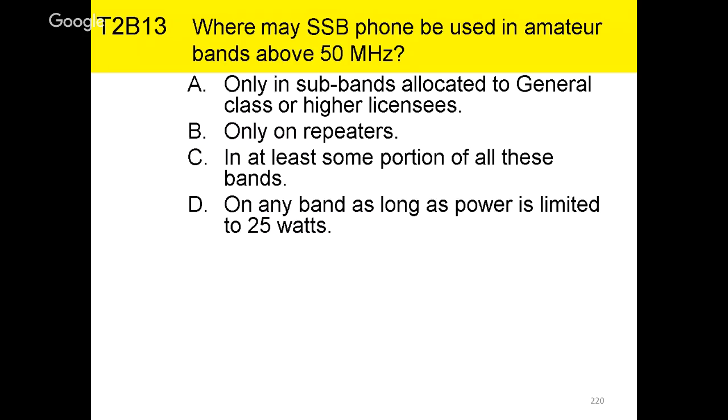Where may single sideband phone be used in amateur bands above 50 megahertz? This is kind of an interesting one here. Remember what I said yesterday, there is a restriction on the very low end of 2 meters and 6 meters, being 50 to 50.1 and 144 to 144.1, strictly reserved for Morse code or CW.